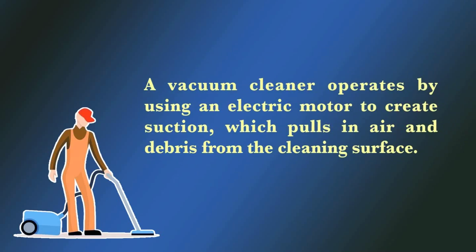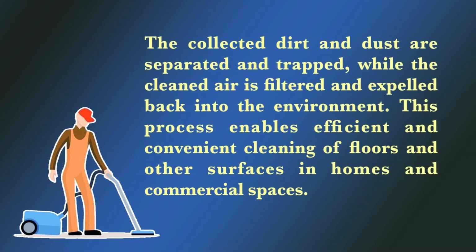A vacuum cleaner operates by using an electric motor to create suction, which pulls in air and debris from the cleaning surface. The collected dirt and dust are separated and trapped while the cleaned air is filtered and expelled back into the environment. This process enables efficient and convenient cleaning of floors and other surfaces in homes and commercial spaces.